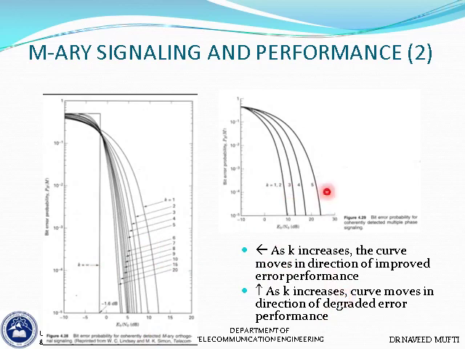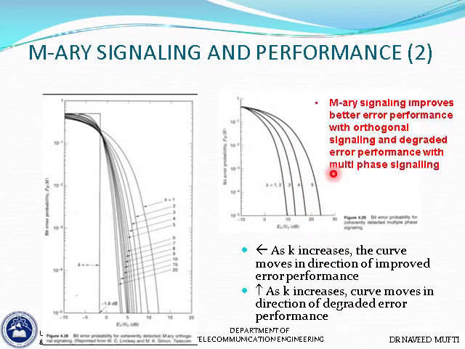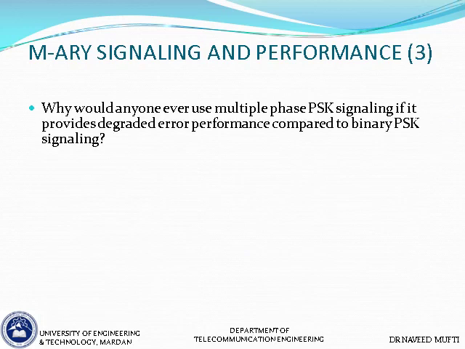For orthogonal signaling, as k increases, we are improving our error performance. But if the signals are non-orthogonal, as k increases, the curve moves in the direction of degraded error performance. So M-ary signaling gives better error performance when we use orthogonal signals, and degraded error performance when we use non-orthogonal multi-phase signaling. That is what you have to remember.